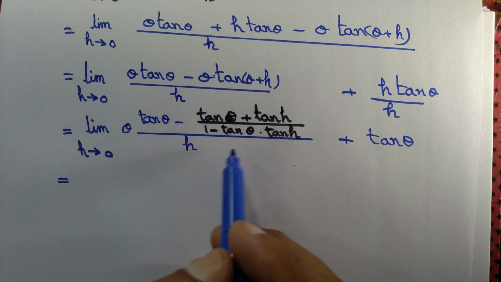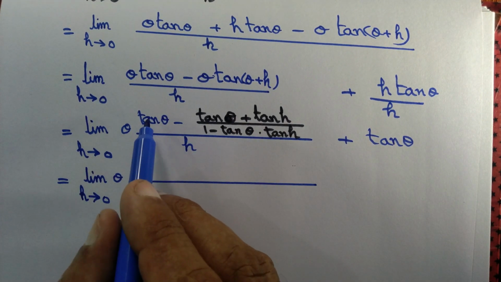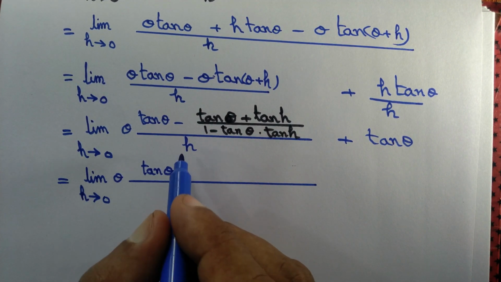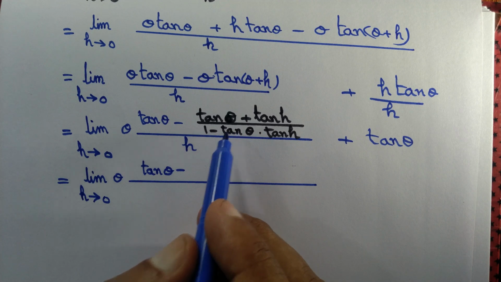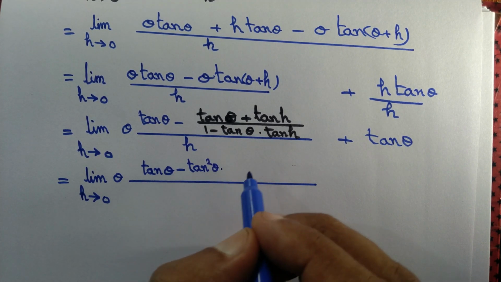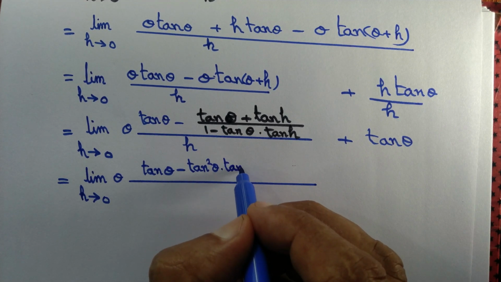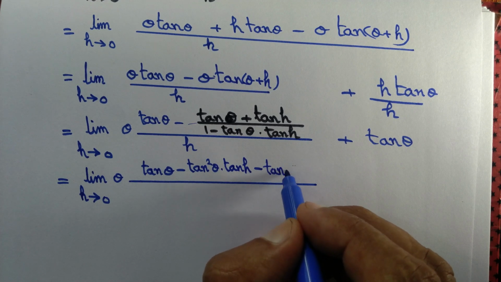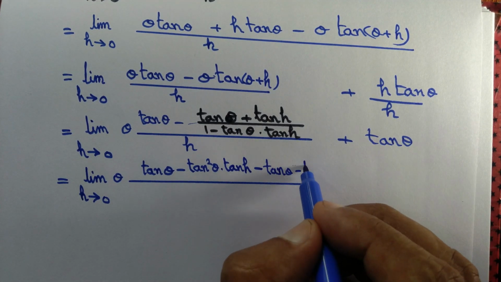Now, can we simplify this expression? Of course. So 1 times tan theta is tan theta, minus tan times tan is tan square theta, tan h minus tan theta minus tan h.